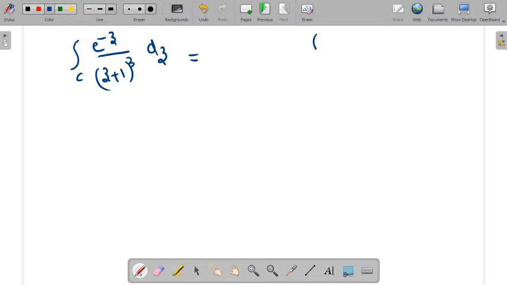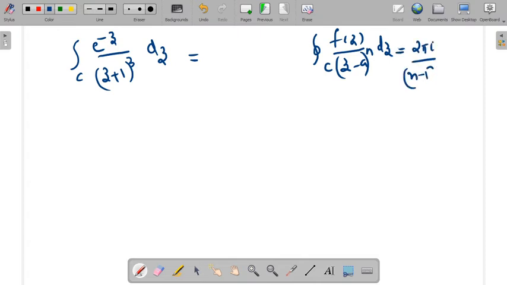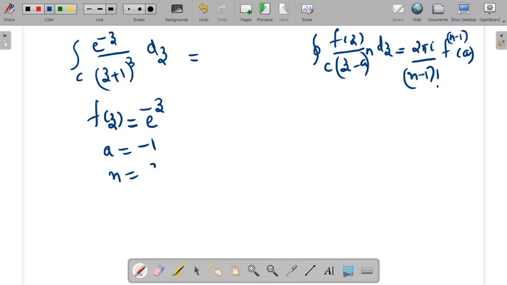So we make use of the formula for derivative: the integral over C of f(z) divided by z minus a the whole raised to n dz is equal to 2 pi i divided by n minus 1 factorial into the n minus 1th derivative of f(z) evaluated at a. Comparing the given integral with this formula, we can write f(z) equal to e raised to minus z, a equal to minus 1, n equal to 3.